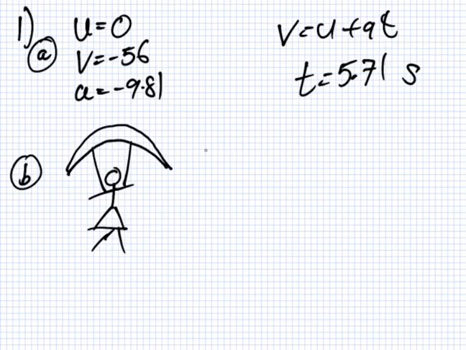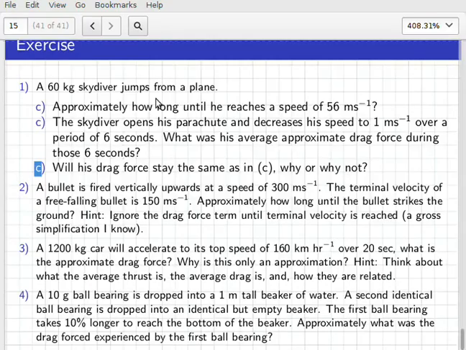Yes. So here the U is minus 56. The V is minus 1. Why is U minus 56? No, it's okay. If you want to make it plus, that's okay. Because what's happened is the skydiver jumped. I did say his, actually.